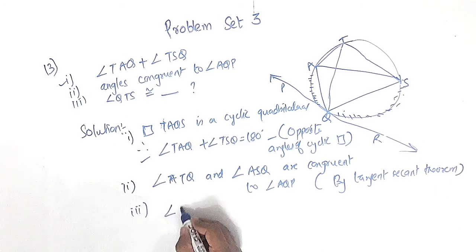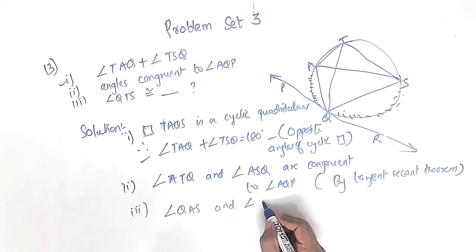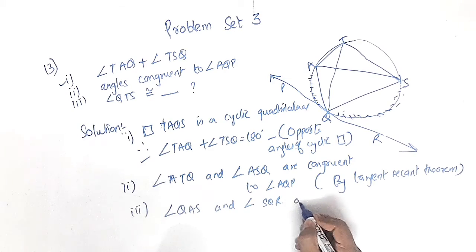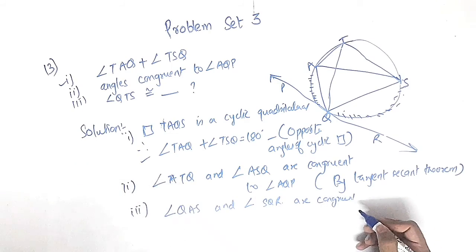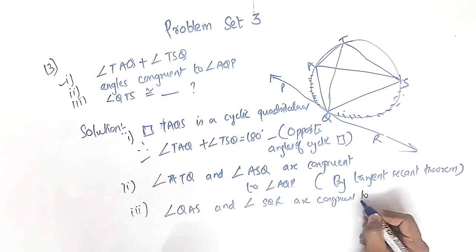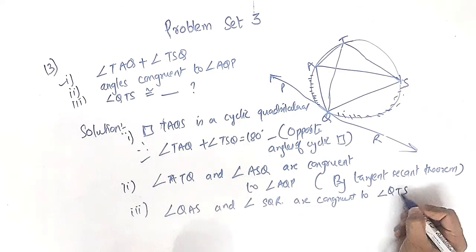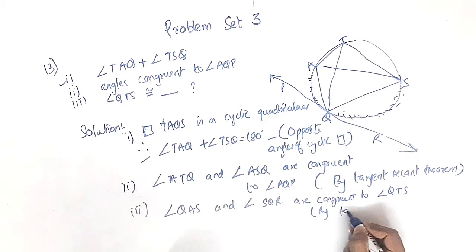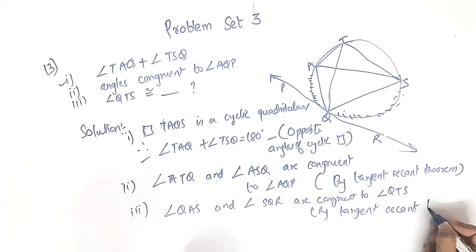So I'll write angle QAS and angle SQR are congruent to angle QTS. You can write here by tangent secant theorem. Let us move on to the fourth and fifth sub question.